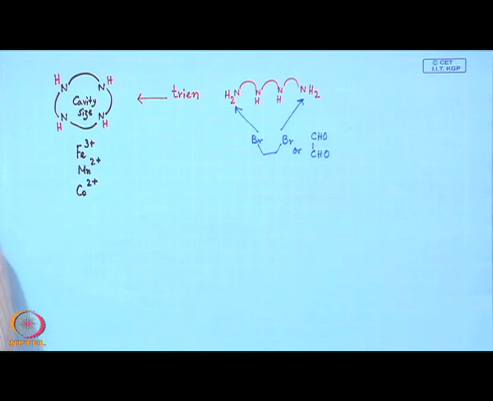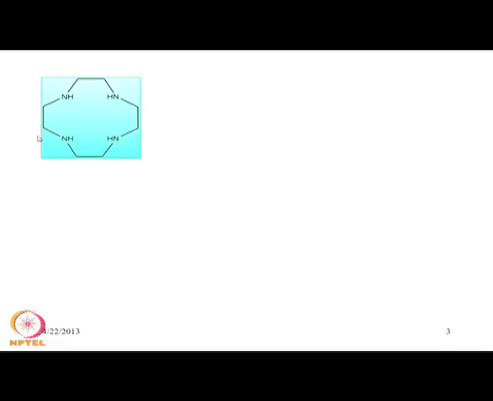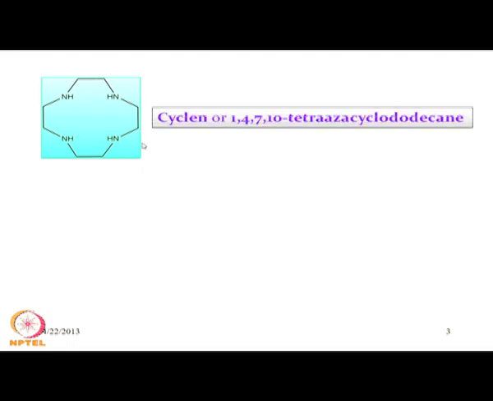So, if we have only ethylene backbones for these, so all the 4 nitrogen atoms are connected by 4 ethylene bridges, then we get one particular type of ligand which is known as cyclen, which is nothing but 1, 4, 7, 10 tetraazacyclododecane, like that of tacn, triazacyclononane, which is cyclododecane.